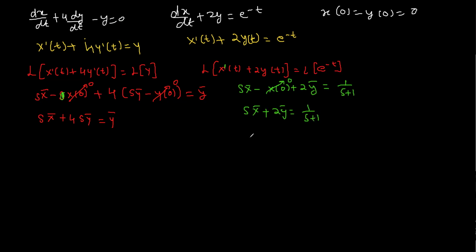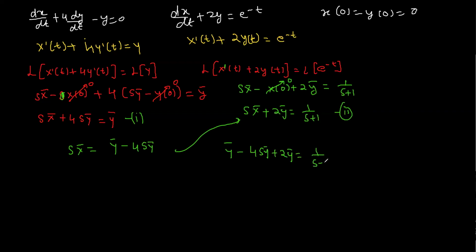Understood? Now suppose you have two variables, x bar and y bar. Right? First equation, second equation. From the first equation, you have s x bar. Right? So put here from the first equation in the second equation. So you will get 2y bar is equal to 1 upon s plus 1. Isn't it?